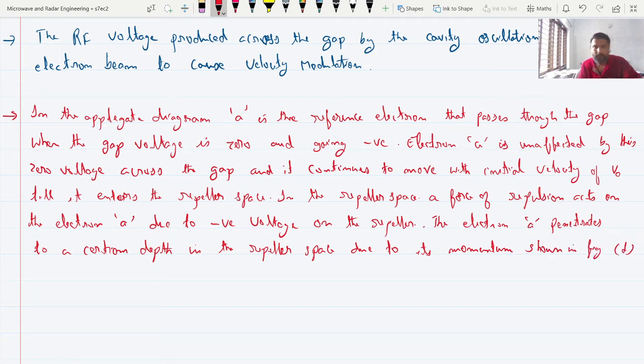So the electron A then stops its movement and returns back to the gap. Return back to the gap for the second time.